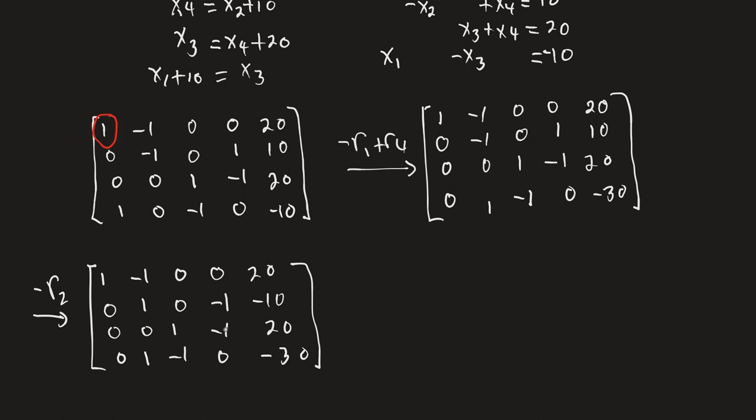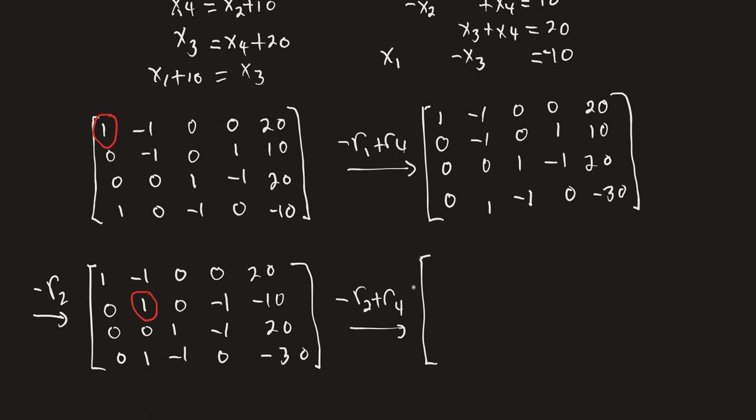And just like we had before, we just have to eliminate this 1 in row 4. So with this as my pivot, I can use a very similar operation here and do the negative of row 2, add it to row 4, and this is what we will get.